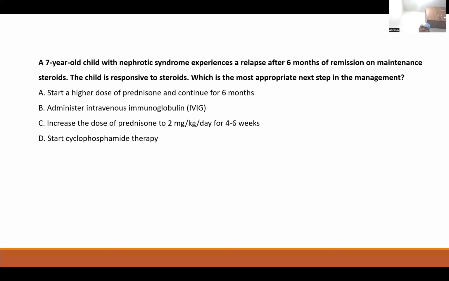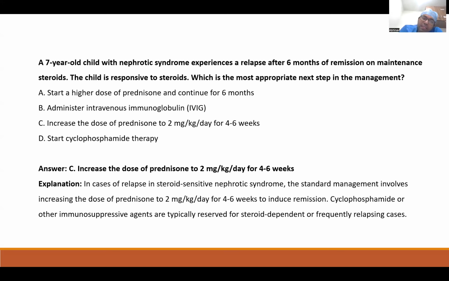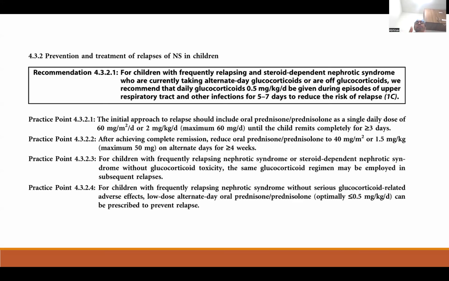So here the answer is increasing the dose of prednisone to 2 mg per kg per day for 4 to 6 weeks. It's very important here: frequent relapsing and steroid dependent, when do you give steroids and when do you not give steroids? These are the recommendations from the guidelines which we just saw in one of the slides.